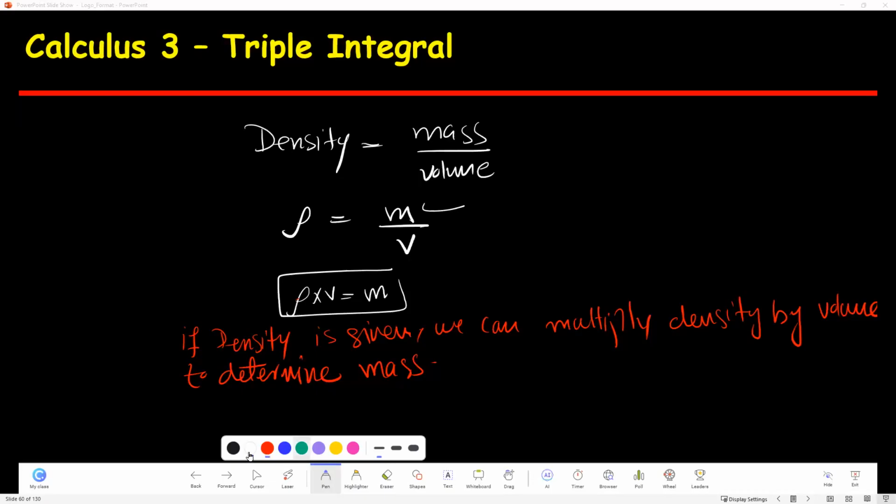In calculus, this density is called a density function.